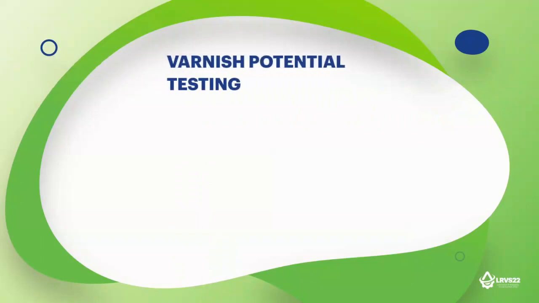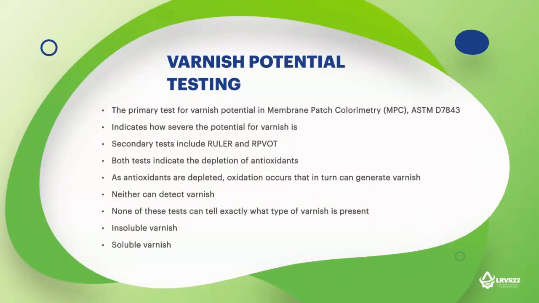So let's take some time to discuss in more detail varnish potential testing. The primary test for varnish potential has always been the MPC, ASTM D7843. It indicates how severe the potential for varnish is.